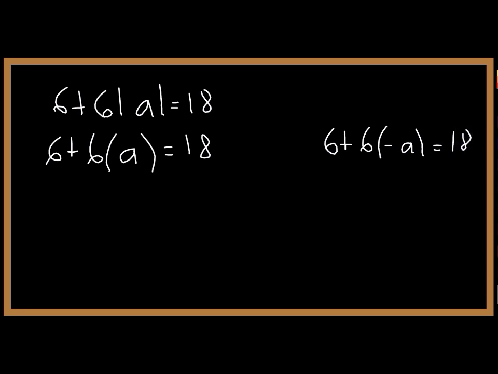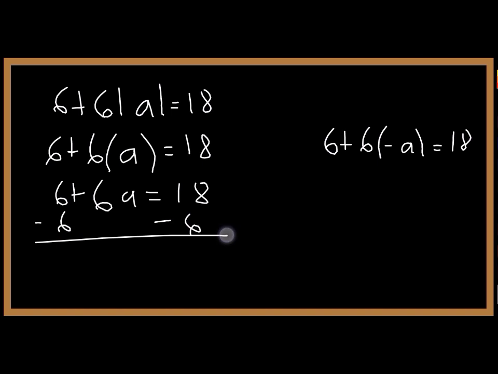Then let's use the additive inverse. Subtract 6 from both sides. The remaining is 6a is equal to 18 minus 6, which is 12. Let's divide both sides by 6. So our a is equal to 2.